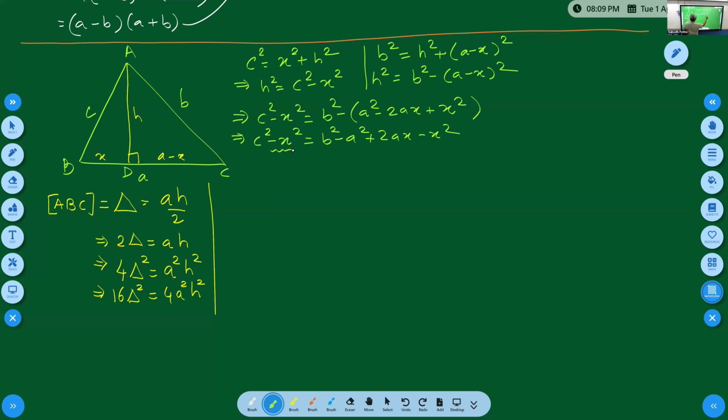You will observe that minus x square is present on both sides. Therefore, I can write 2ax is equal to c square plus a square minus b square. And therefore, x is equal to c square plus a square minus b square upon 2a.